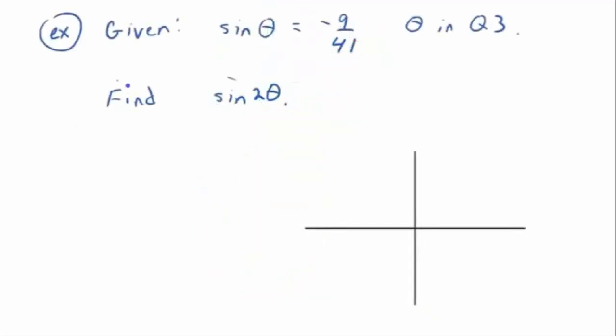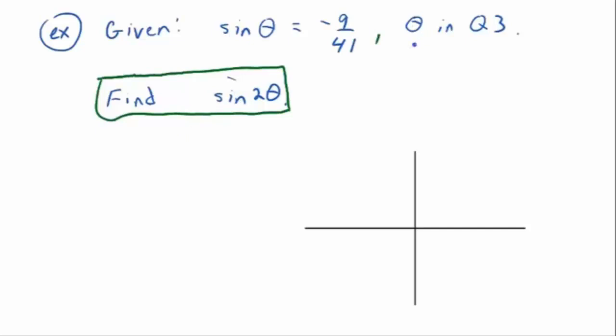Okay, in this example, suppose we're given the sine of an angle theta is equal to negative 9 over 41, and you're told that theta is in quadrant 3. You're asked to find the sine of 2 theta. Well, this is going to look a lot like problems we worked from chapter 5. Let's draw a helper triangle.